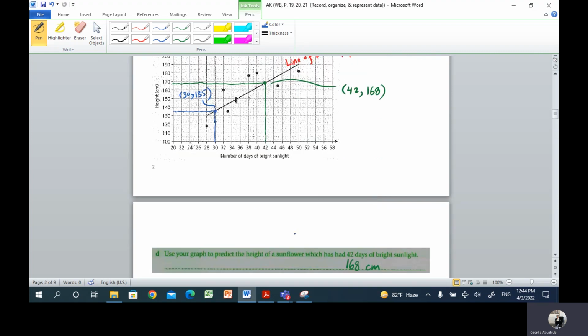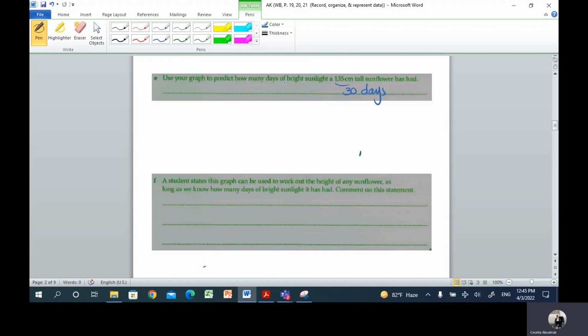Because as we can see here, the minimum point that the graph started at is 28 days, and the maximum point is 50 days, which means that this graph can only predict the height of any plant if it has been exposed to a number of days between 28 and 50 only.